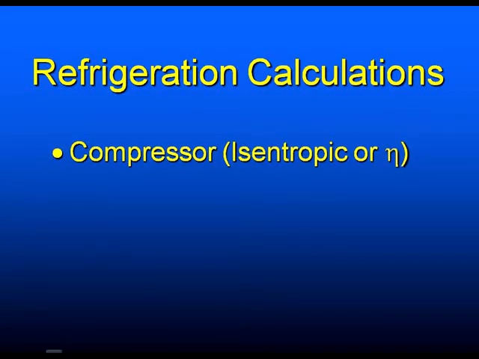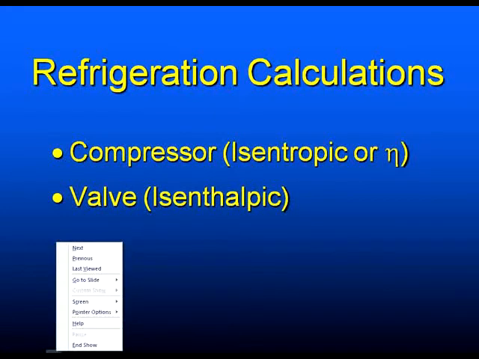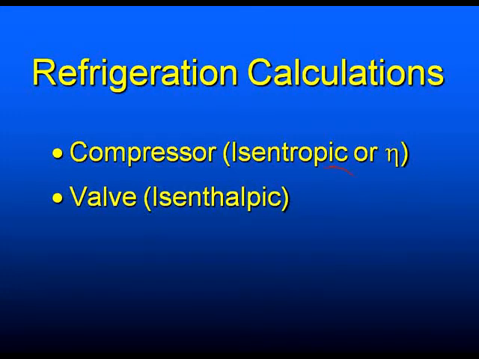So what we've done is looked at some refrigeration calculations. We've done the isentropic compressor, and we've looked at the isenthalpic valve. First you do isentropic if you're going forward through the problem.